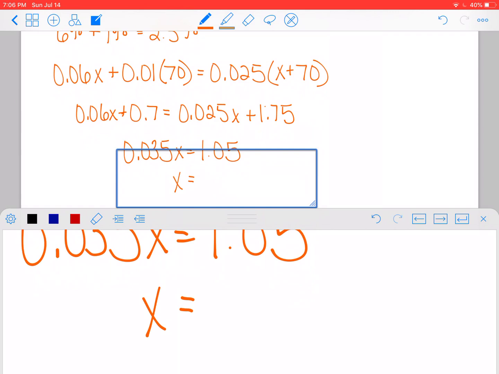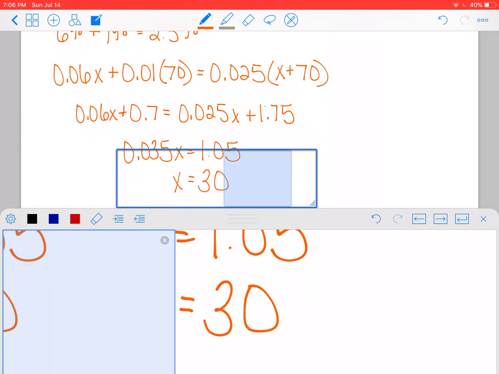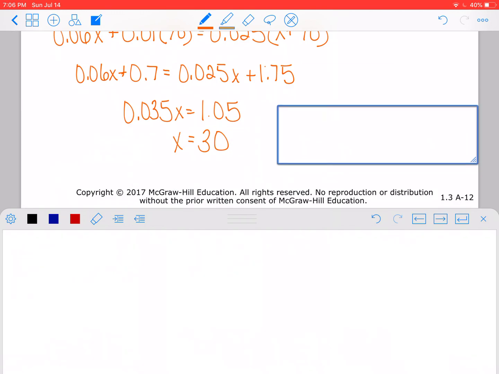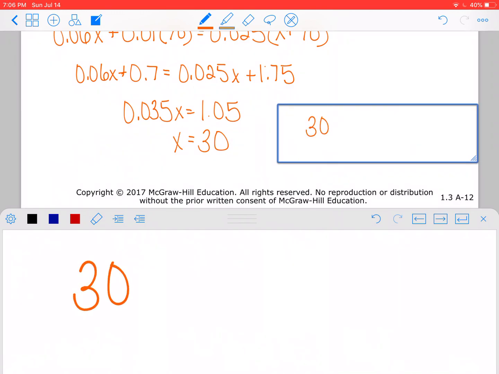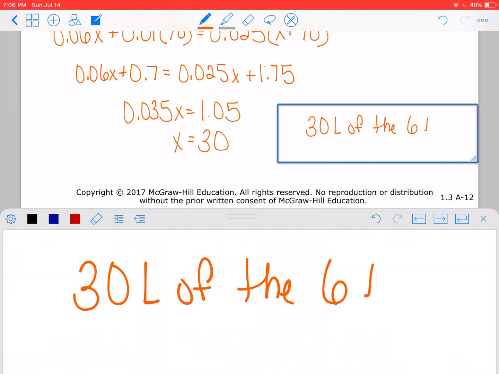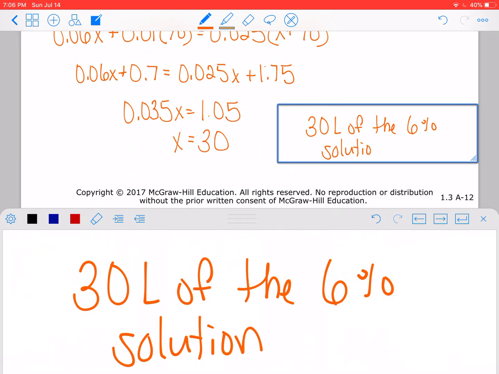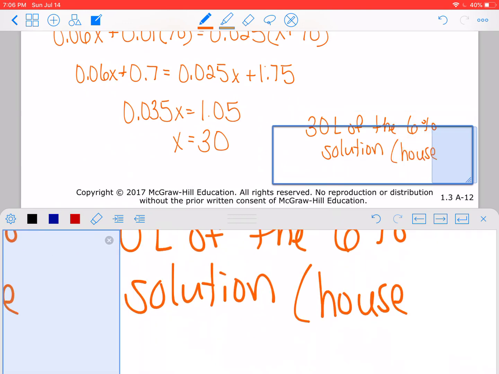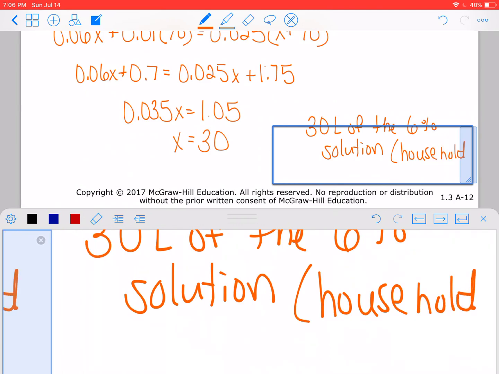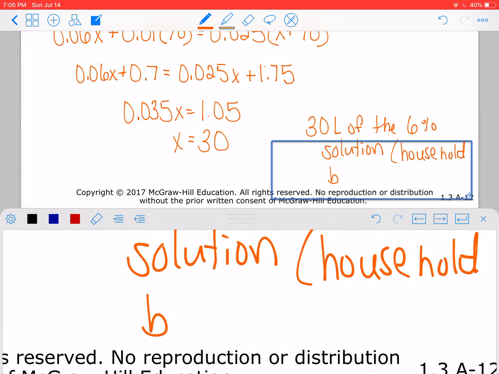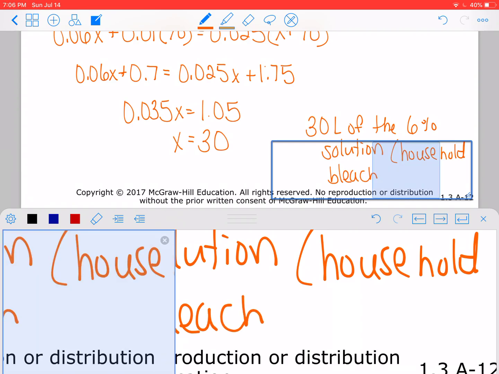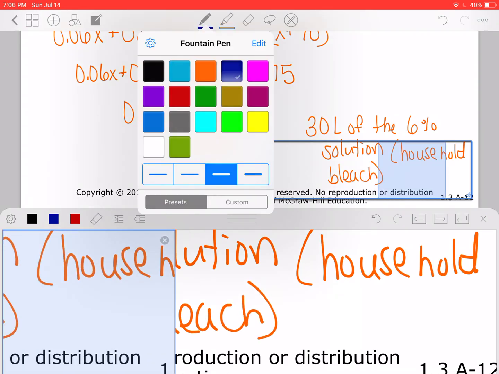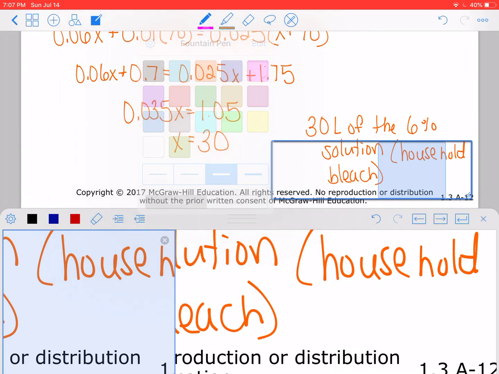And then we'll divide to get X is 30. So this tells us that we need 30 liters of the 6% solution, which was the household bleach.